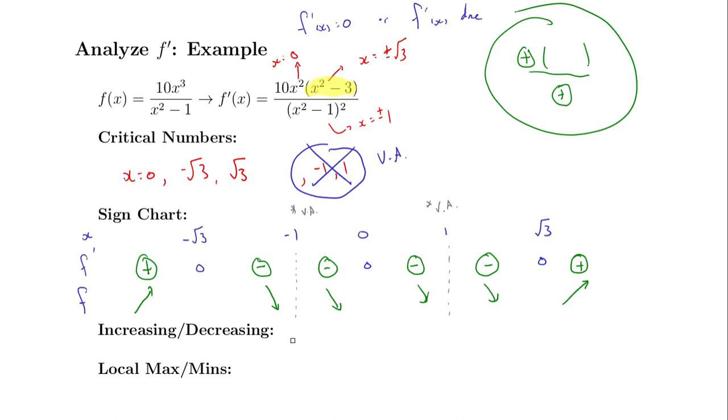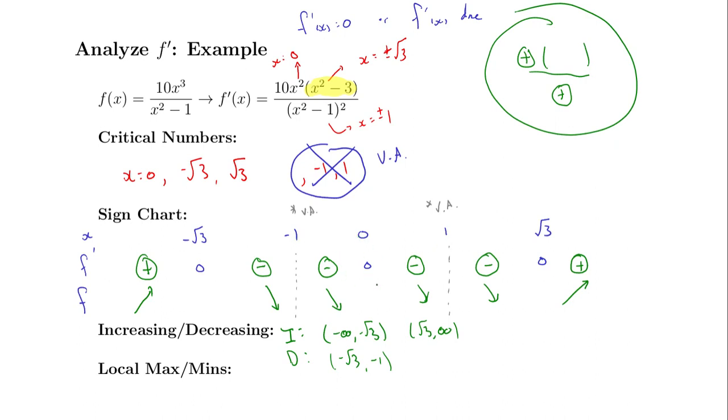I'm just going to do an I and a D. Here we go. Increasing on negative infinity up to negative root 3, and from root 3 up to infinity, and decreasing, here we go, clearly from negative root 3 to negative 1. And then this is a weird one. It looks like it's decreasing from negative 1 to 0, and then also from 0 to 1.